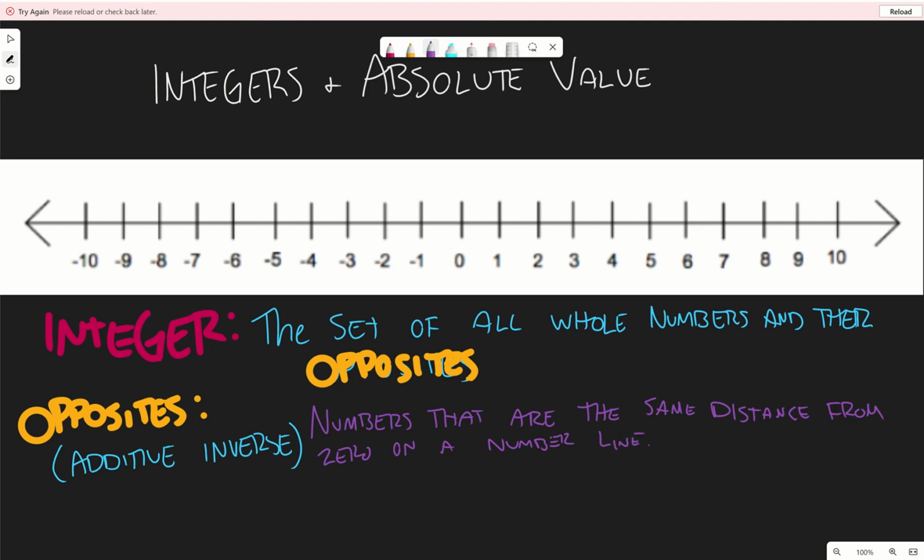Okay, so opposites are numbers that are the same distance from 0 on a number line.